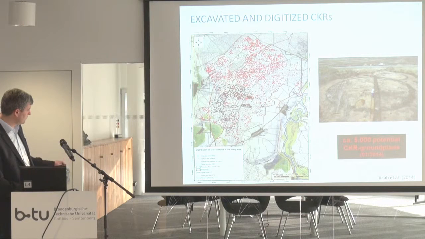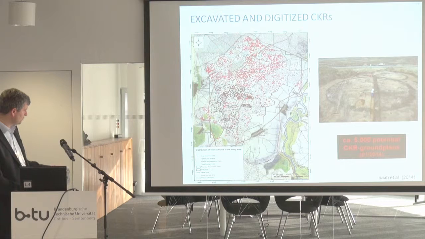Coming back to the Jänschwalde site, one of the PhD students compiled all the data for this former forest site. And you see the black ones here now are the excavated ones, and the red ones are the ones which are identified by this laser scanning analysis.